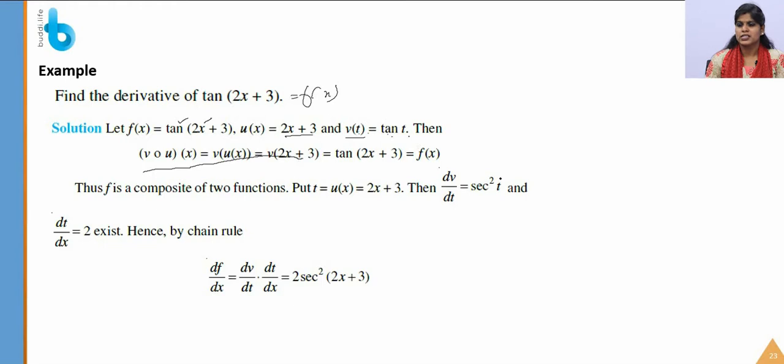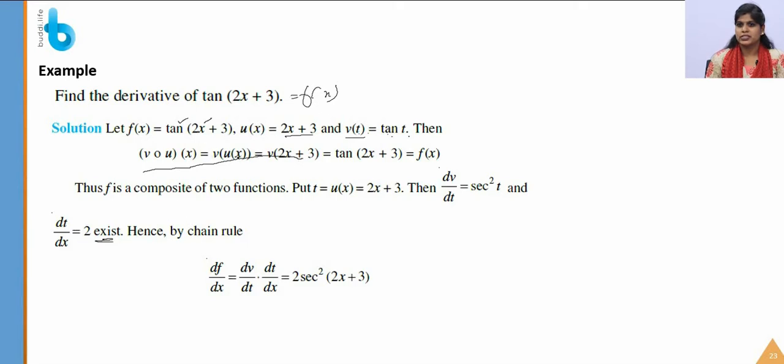So the derivative of tan t is secant square t, and dt by dx is 2. Both of these exist.